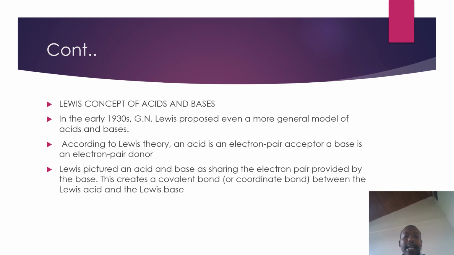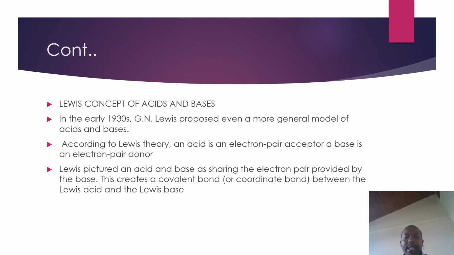We are going to the third concept, and that is Lewis' concept of acids and bases. In the early 1930s, G.N. Lewis proposed an even more general model of acids and bases. According to Lewis' theory, an acid is an electron pair acceptor.